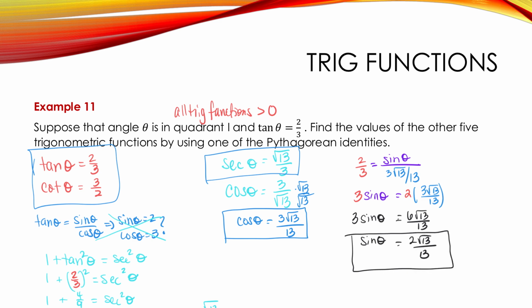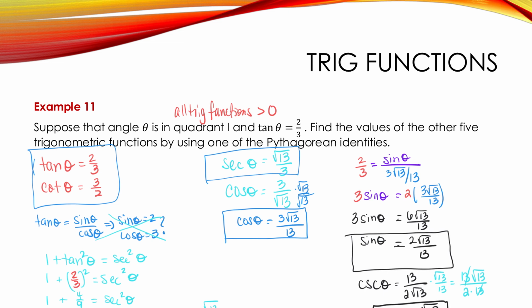And now that I know sine theta, I can find cosecant theta by taking the reciprocal, which would be 13 over 2 root 13, which means, of course, we have to rationalize our denominator. And things will get a little messy this time because of all these root 13s. But we'd have 13 root 13 over 2 times 13. So the 13s will cancel, and we find out in the end that the cosecant of theta is root 13 over 2.